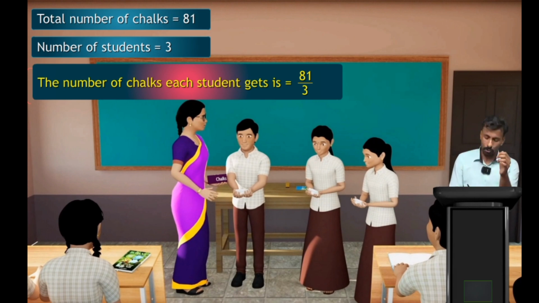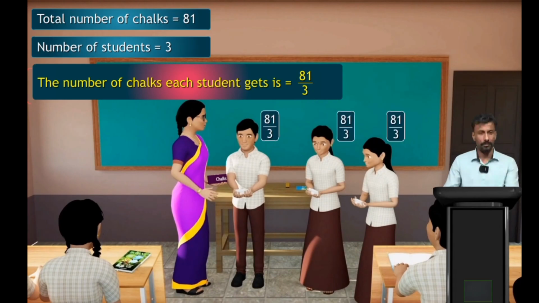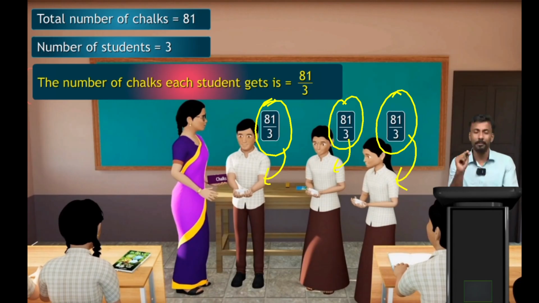So we have the total number of chalks equal to 81 and the number of students equal to 3. So dividing 81 by 3, we will get the total number of chalks each student gets. So that will be our answer. So he will get 81 by 3 chalks, she will get 81 by 3 chalks, and again she will get 81 by 3 chalks, like that.